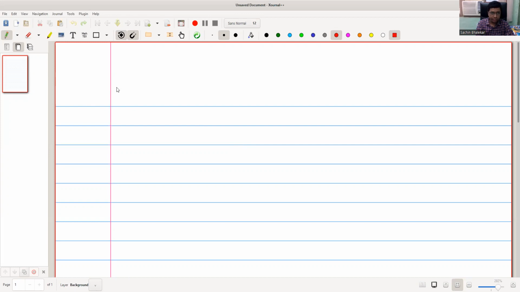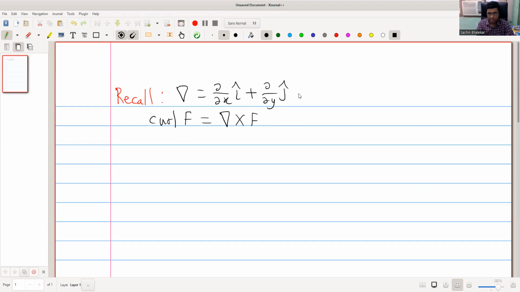So recall, curl of F is also denoted by del cross F, where this del is the operator given by partial derivative with respect to x into i hat plus partial with respect to y into j hat plus partial with respect to z into k hat.